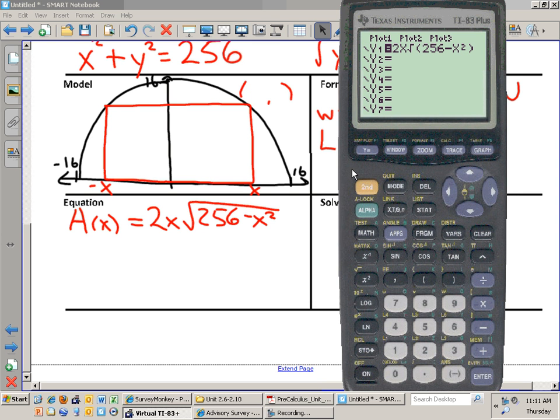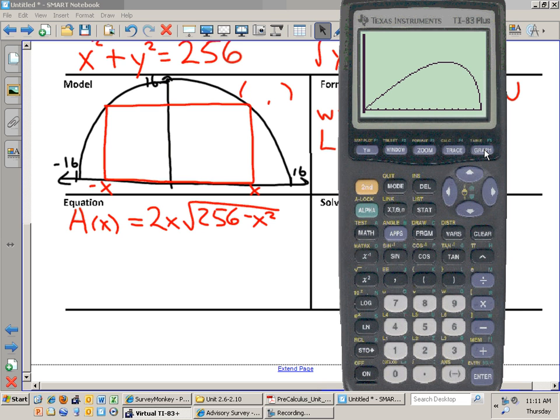So that's why. But good thought. So if I put my viewing window from 0 to 16, I should see the whole thing. I go 0 to 16, and I'm going to go all the way up to 400 for my max, because I did this in the class previous.